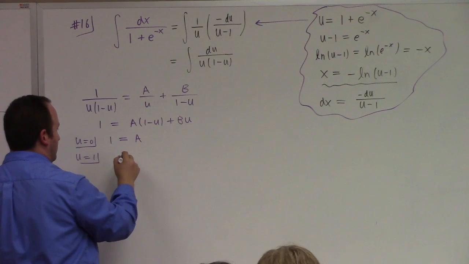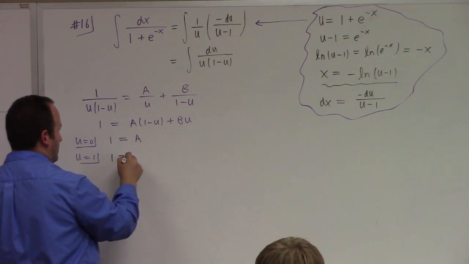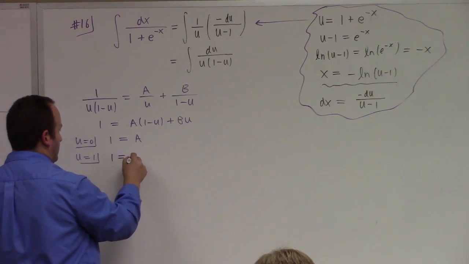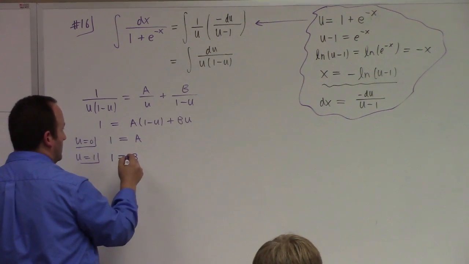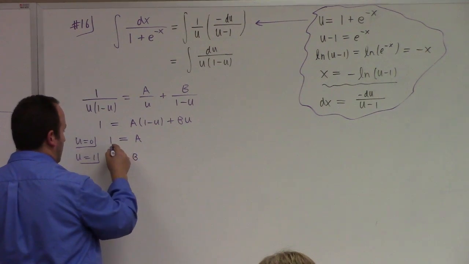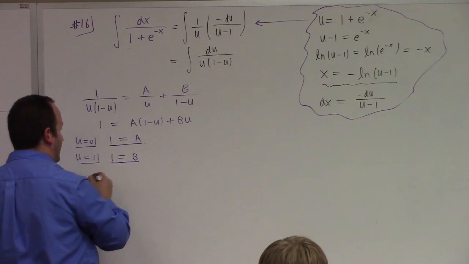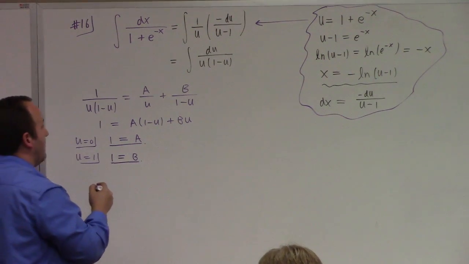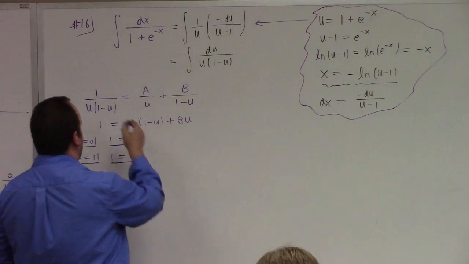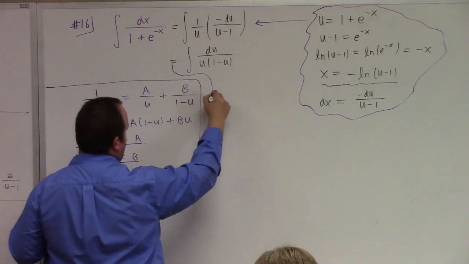Well, that was kind of boring. Okay, so a is 1 and b is 1. The algebra is a little bit easier here than the one we had on the quiz. Okay, sidebar. Let me continue this over here.